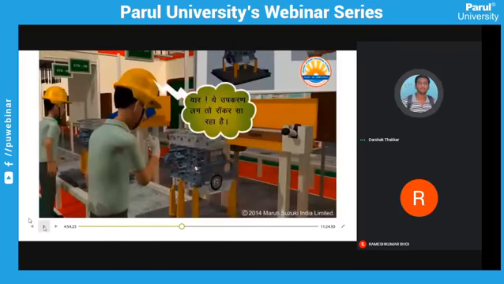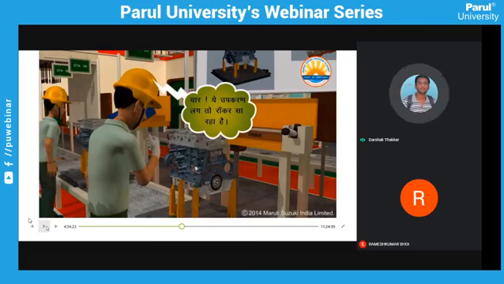Here the operator has kept all the sorted things, right? Whatever the necessary things he has kept, but he doesn't know which rockers should be fit on this particular engine, because in an industry assembly line they do not produce a single type of product, right?